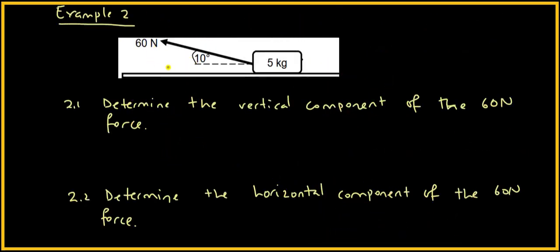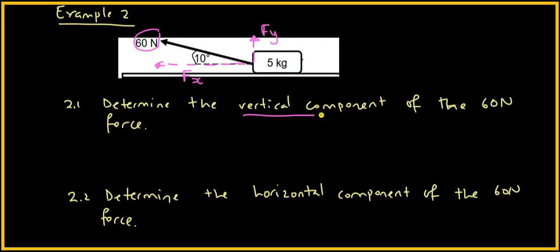Here is example number 2. In this example, I'm given a 60 Newton force which is pulling a 5 kg block. 2.1 says determine the vertical component of the 60 Newton force. This force has two components. So let me resolve it. I have a horizontal component to my force, I'll call this one Fx. And then from here, I have a vertical component to my force, I'll call it Fy.